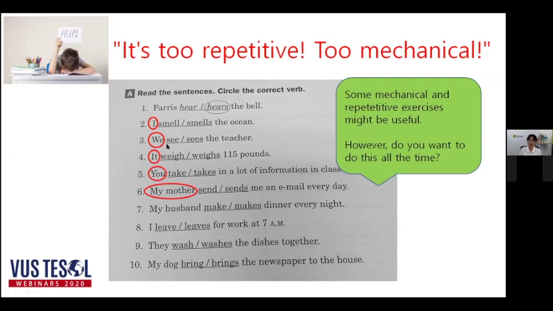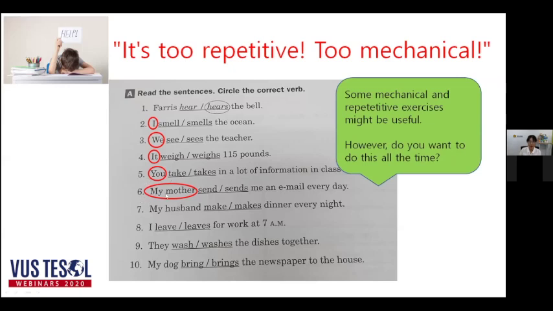Okay. But if you do this kind of activity too many times, do you know what students do? They don't even read the sentence. They'll just look at the subject and then they just circle one of the verbs without reading the sentence. So if they look at number 4, they'll just do this. It weighs. Number 5, you take.